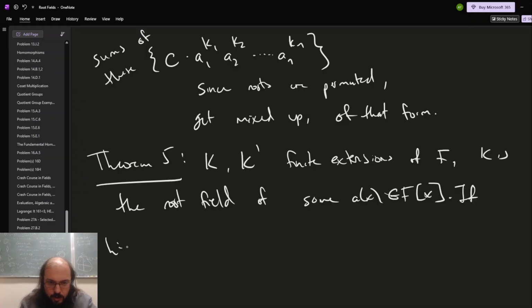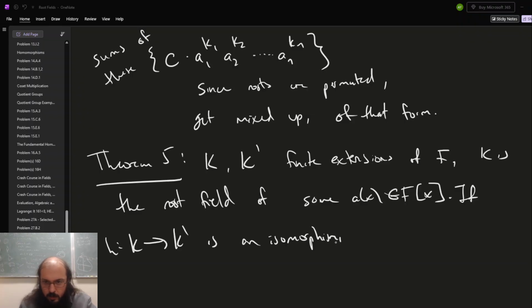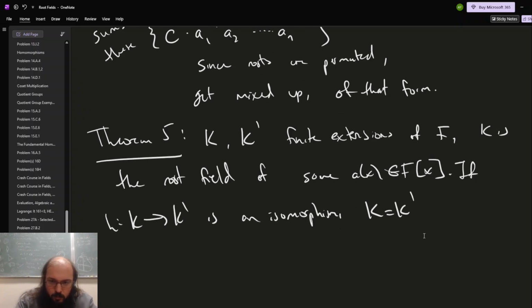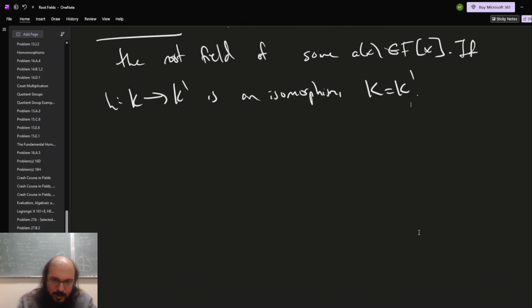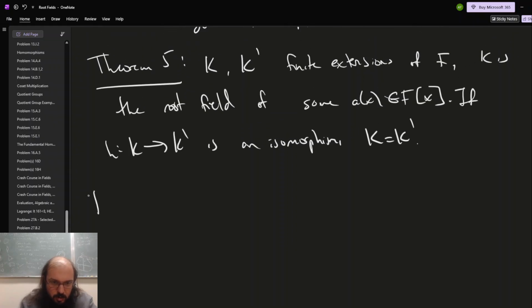If h from K to K prime is an isomorphism, then K is equal to K prime. And we're like 90% of the way to the proof on this already. Let's just scribble out a proof.